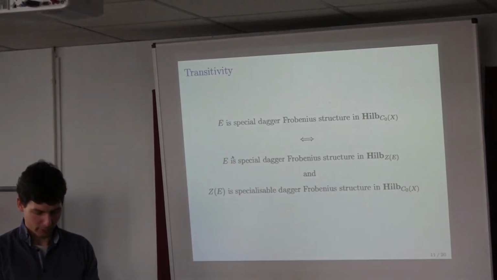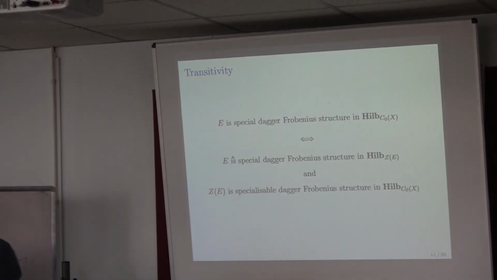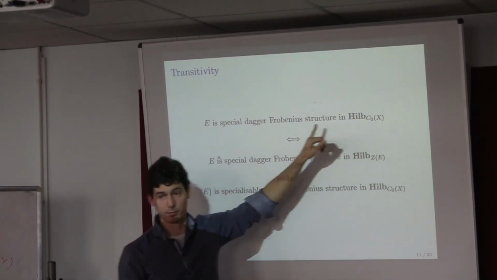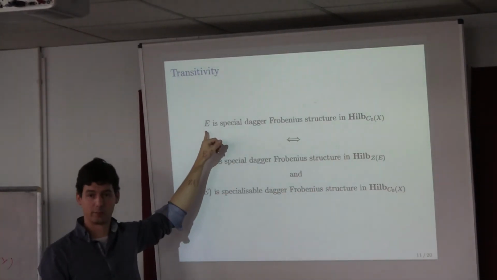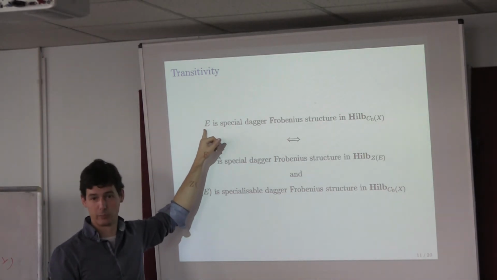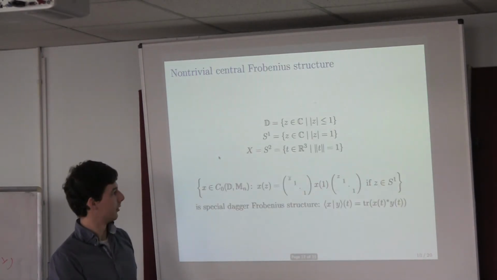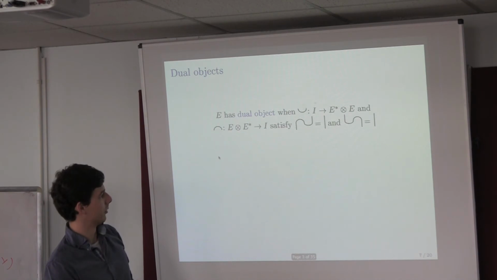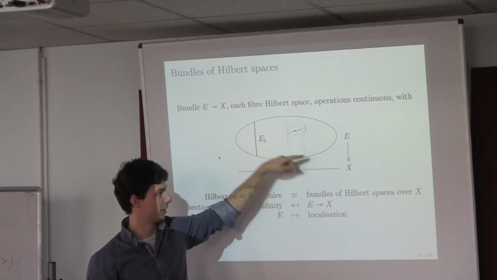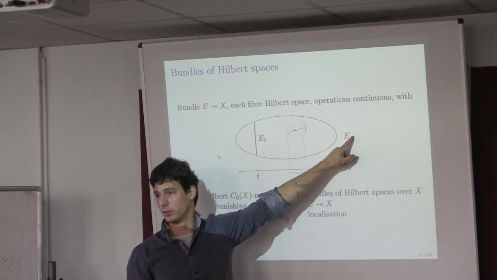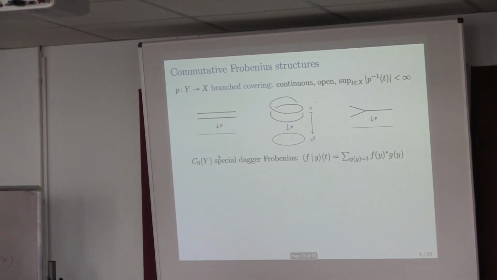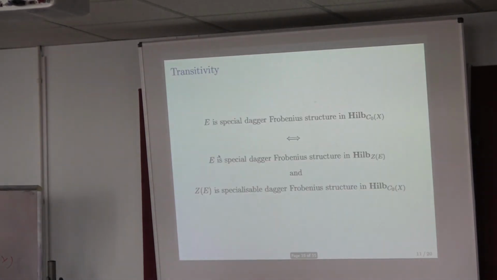I do want to tell you about a beautiful structure theorem. Suppose I'm in my category of Hilbert modules and I have some Frobenius structure in there. First of all, you can prove that the thing itself must be a C-star algebra. If this was a bundle of C-star algebras, if every fiber is a C-star algebra, it turns out that the total thing also has to be a C-star algebra. So specifically, I can talk about its center, which will again be a C-star algebra.